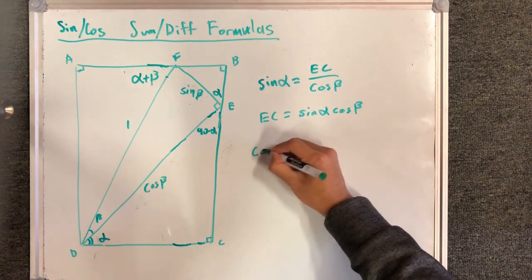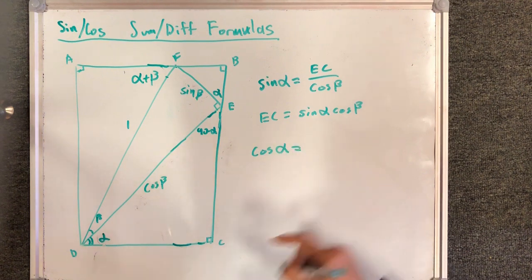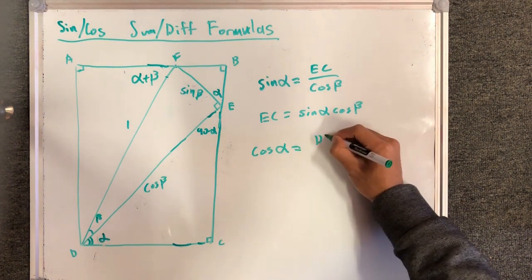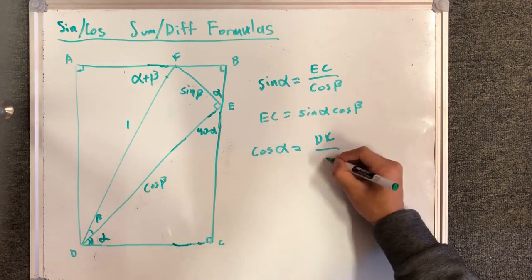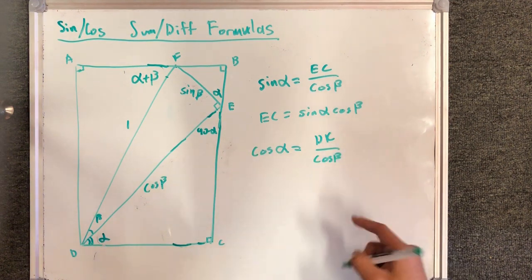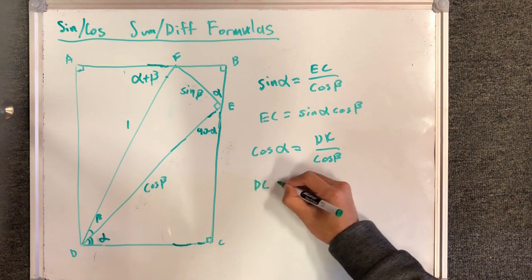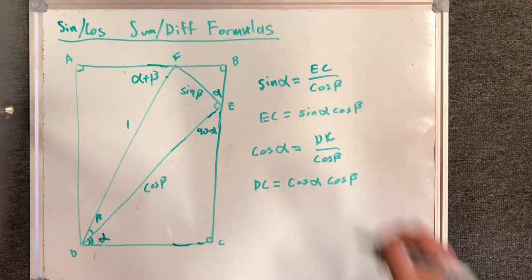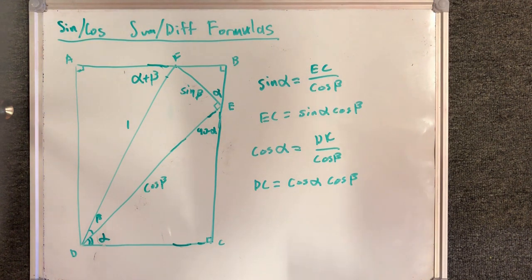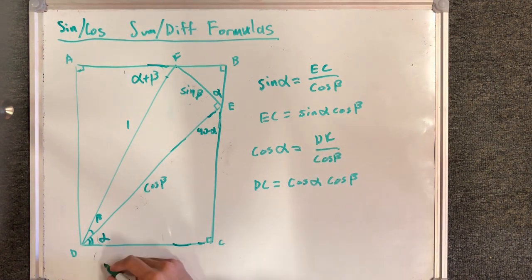I can also take the cosine of alpha. This will give DC over DE, which is cosine of beta. And I solve for DC. DC is equal to cosine alpha cosine beta. So let's label these in.